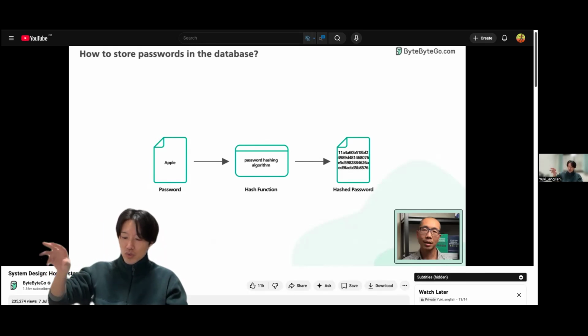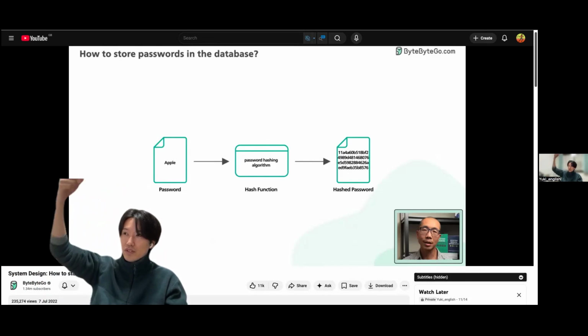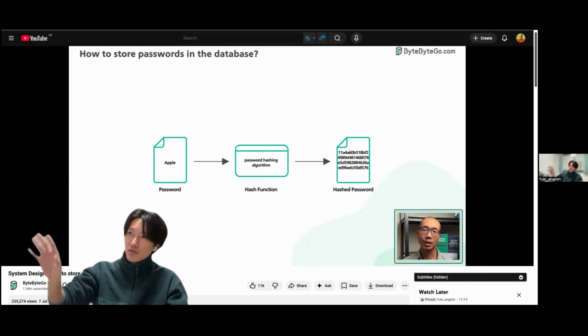So what should we do? What should we do is a normal order. And to safely store passwords. Safely is an adverb, so you can use it in front of the verb. Safely store passwords in the database.